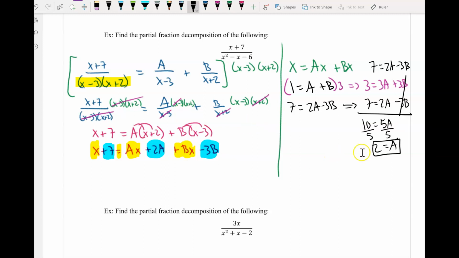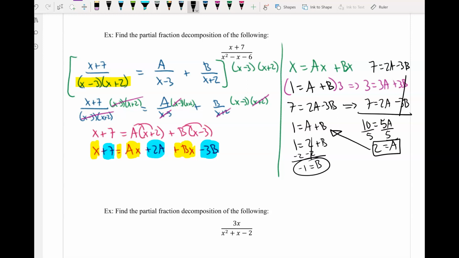So now that I know what a is, I'm going to plug it into any of these other equations to get what b is. It's probably easier to plug it into 1 equals a plus b. So I'm going to plug in this 2. So 1 equals 2 plus b. Subtract the 2, and I get that b equals negative 1.